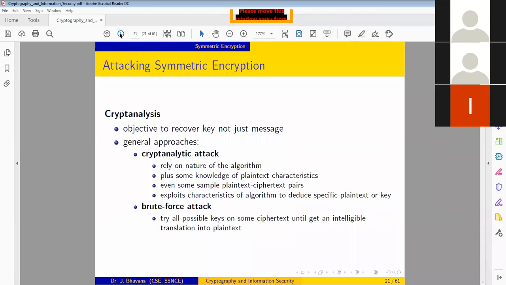Okay, so the algorithm is public. The only thing that is kept secret is the key being used. If the cryptanalyst is able to retrieve the key being used, he can easily use that key and perform a decryption over the tapped message and get the plain text back. So that is the intention of the cryptanalyst: not achieving success for a particular cryptanalysis operation that gives him the plain text only once.